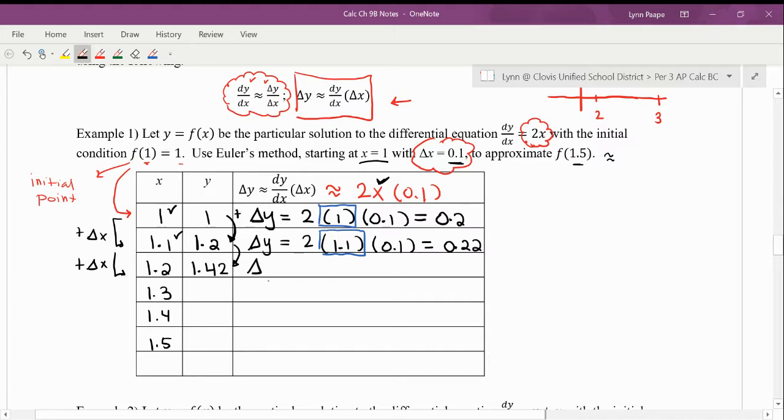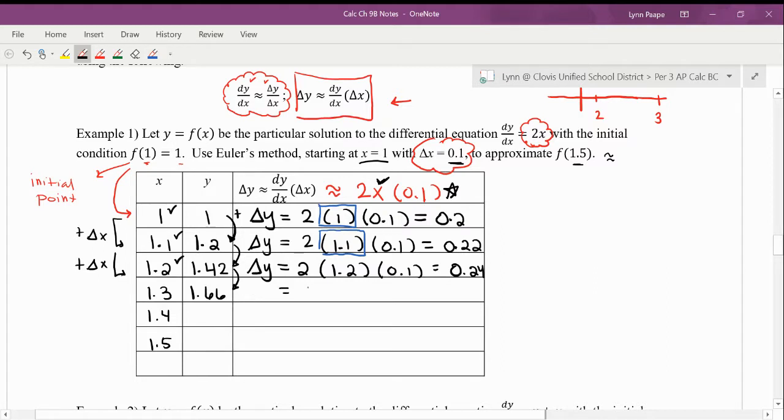Then I'm going to find the next delta y doing the same thing again. So 2 times my value for x, which is 1.2. I'm always looking over here, and then times 0.1, using this formula up here. I multiply that together, so that will be 0.24. That's my delta y that I'm now going to add to the 1.42, so 1.42 plus 0.24 is 1.66.